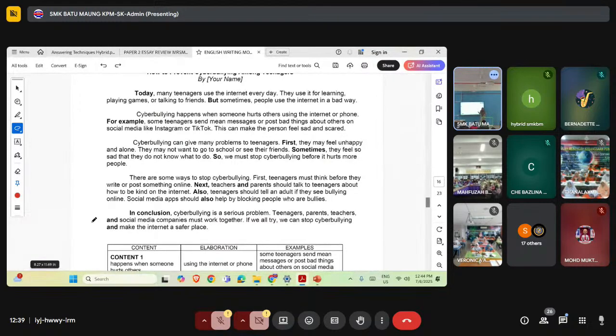One idea. Instead, you can actually use linkers, FANBOYS, to link the first and the second point so that it becomes compound. How to make it complex? You can give examples. Then it will become more complex. It will become a complex sentence. Do you get that?